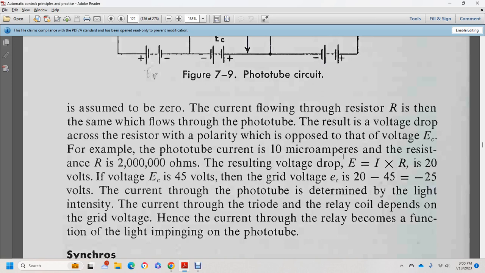The grid voltage is then 20 minus 4.5, equal to negative 25 volts.